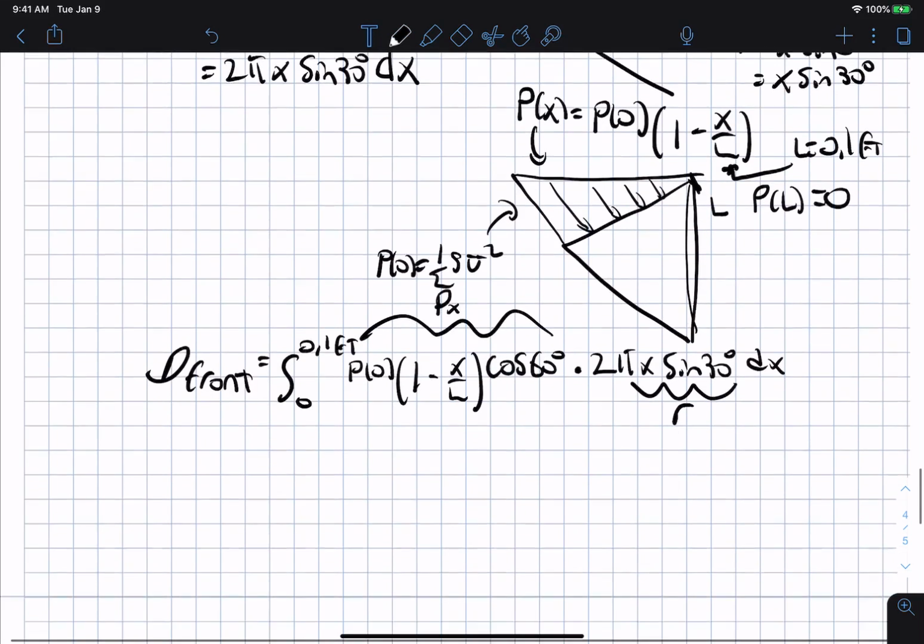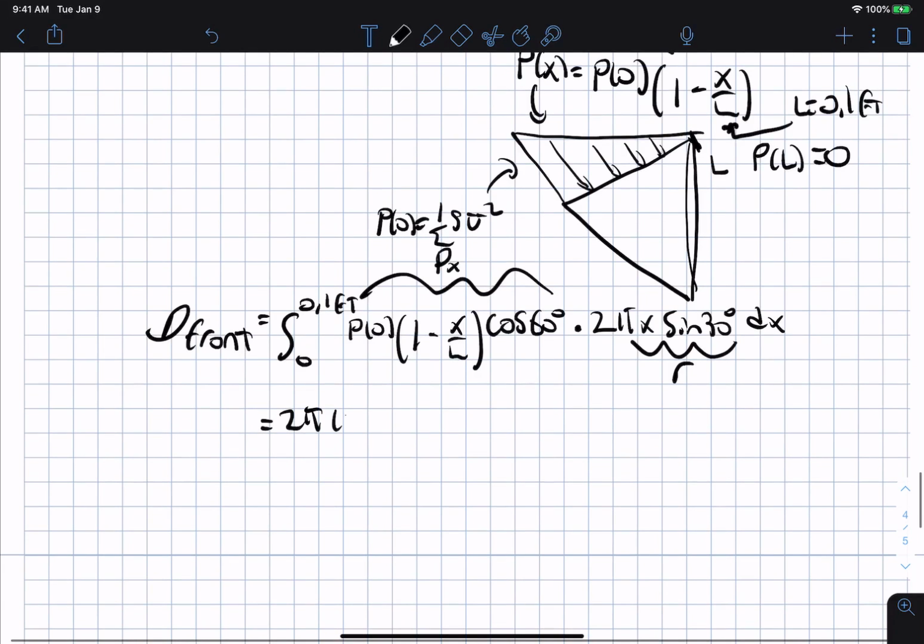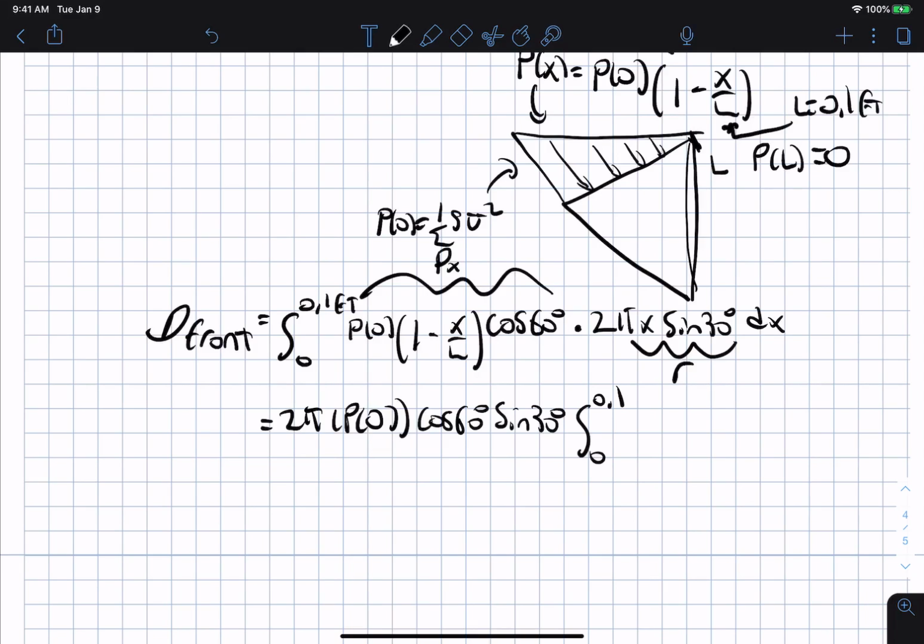So I pull out everything that's constant. This equals 2 pi times P0 times cosine 60 degrees times sine 30 degrees times the integral from 0 to 0.1 of x times 1 minus x over 0.1 feet dx.